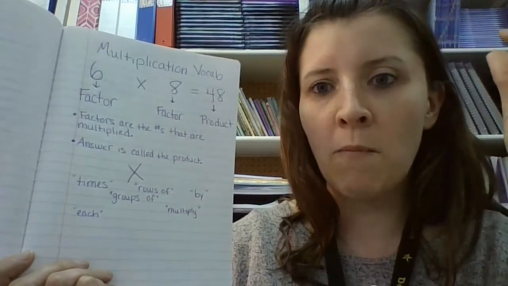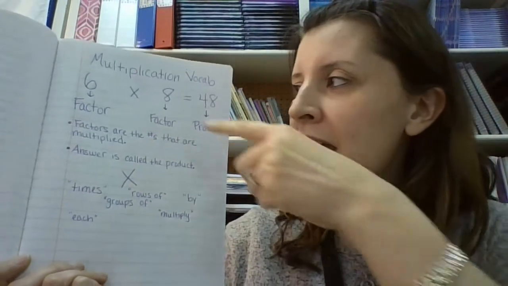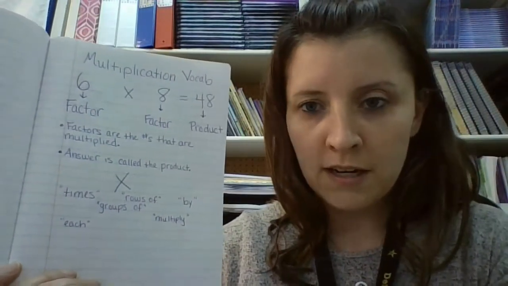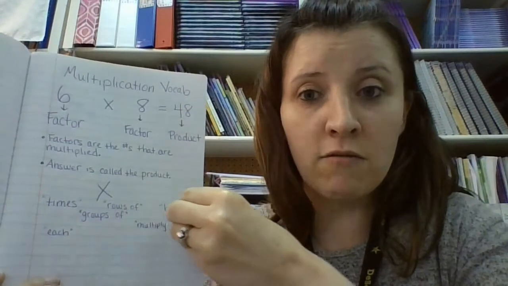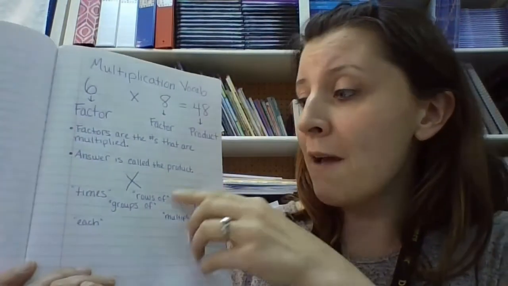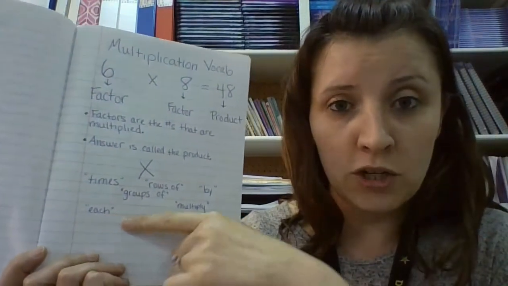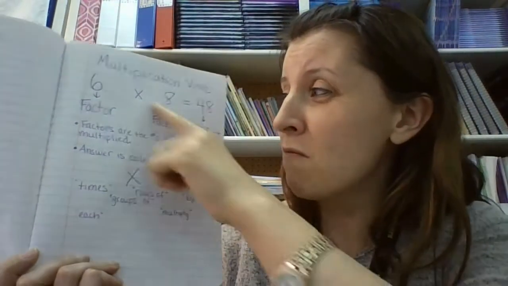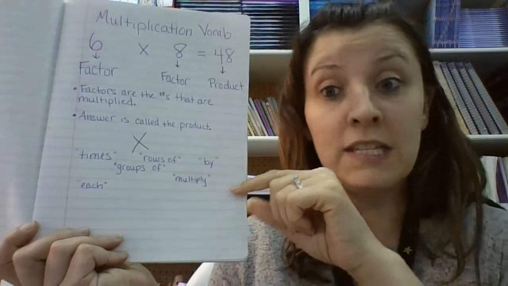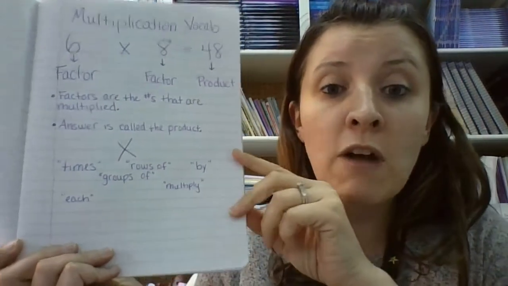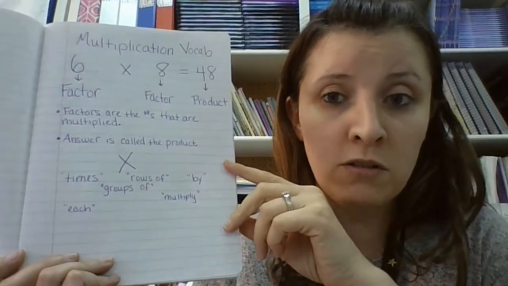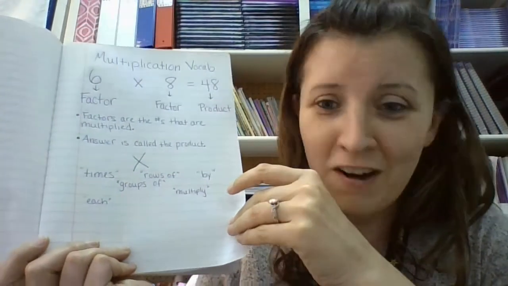I had 6 flower pots, which are my groups, and then 8 flowers in each pot. So I can count 8 plus 8 plus 8 plus 8 plus 8 plus 8. That's what's happening whenever I see the word each. All of these vocabulary words you will hear again, and I want to make sure that you understand them so that you can do your multiplication work.